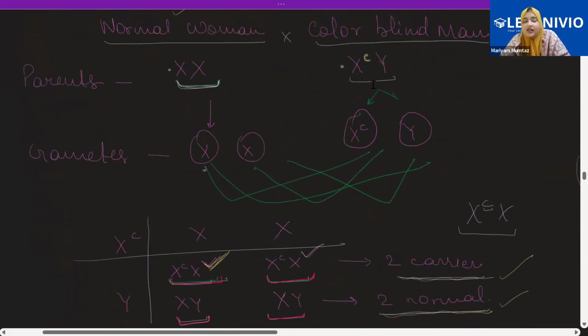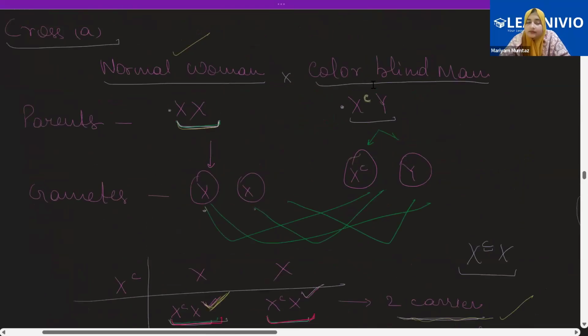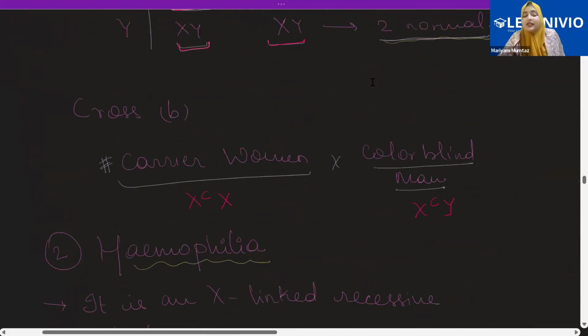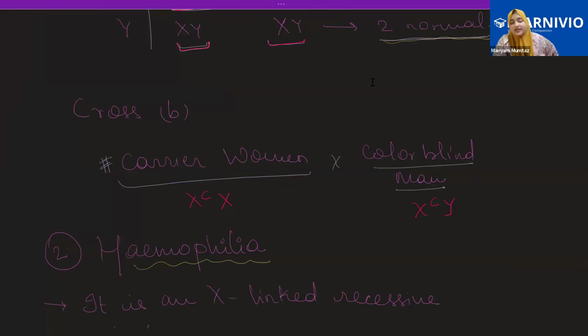That is the case when the normal woman is marrying a colorblind man. Second case, when a woman who is a carrier for color blindness is marrying a colorblind man, then in this case the chances increase. So can you all tell me what will be the possibilities in this case for the children?